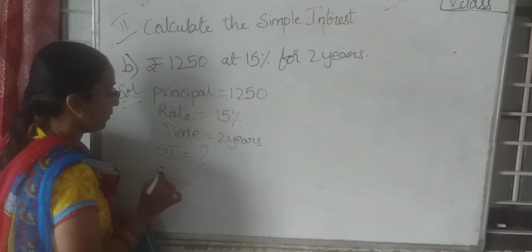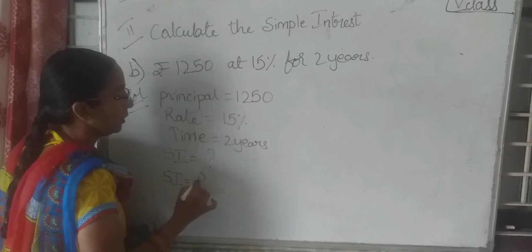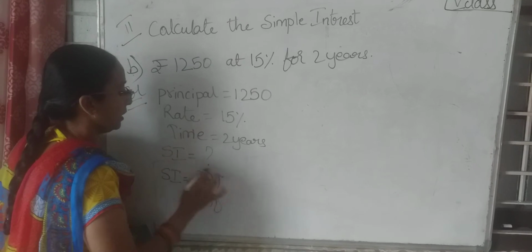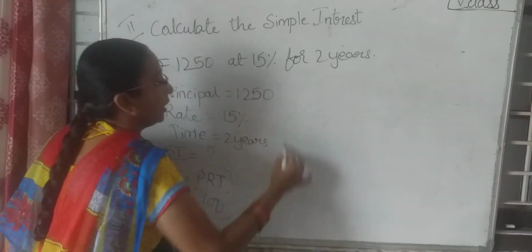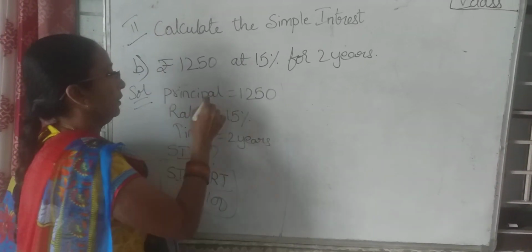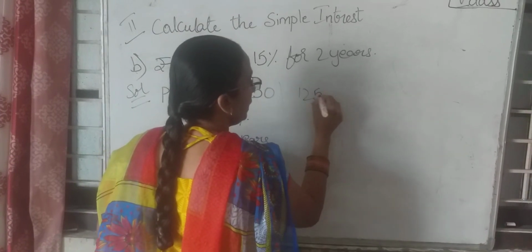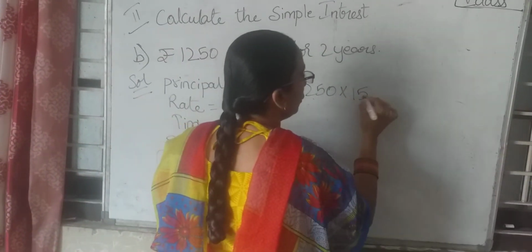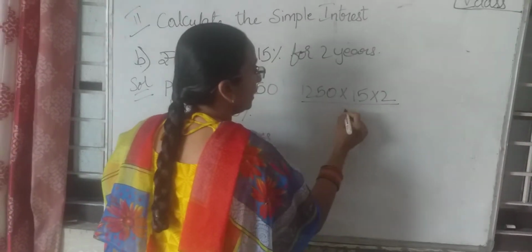Now write the formula: simple interest is equal to PRT by 100. Now P means principal, 1250 into rate 15 into 2 by 100.